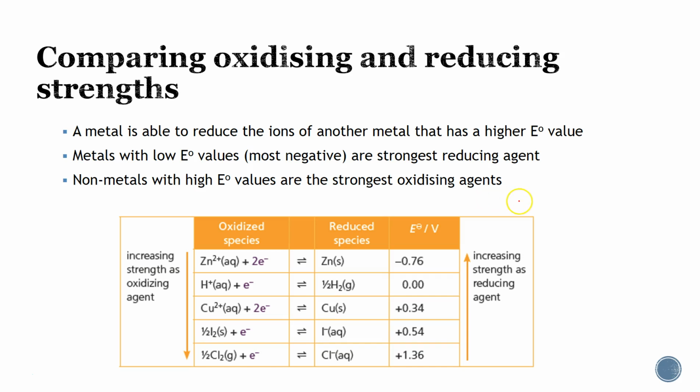The strongest reducing agents, or reductants, are in the top right-hand corner, and the strongest oxidizing agents are in the lowest left-hand corner. And we can see that metals with low E0 values are the most negative and the strongest reducing agents. So the more negative, the stronger the reducing agent that it is.